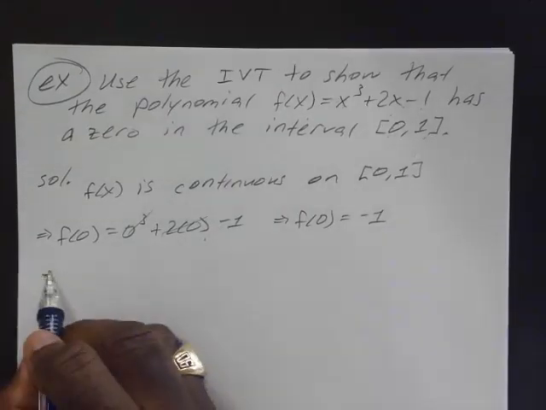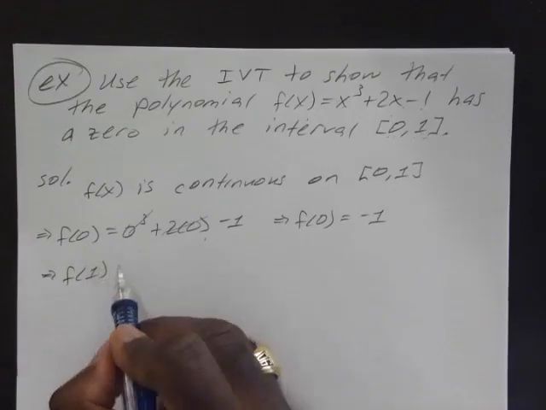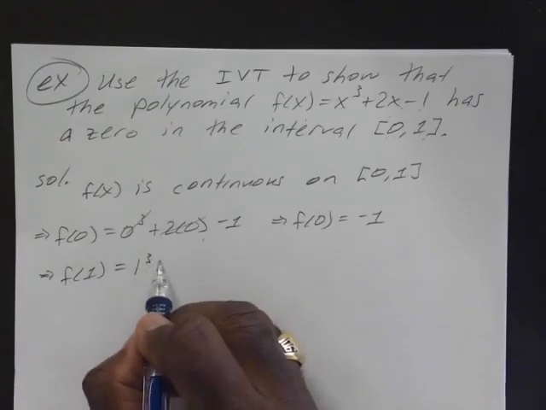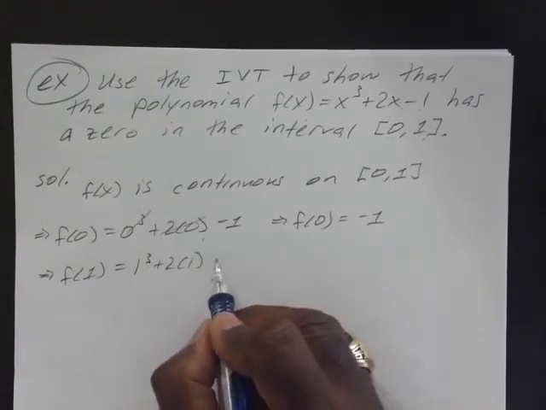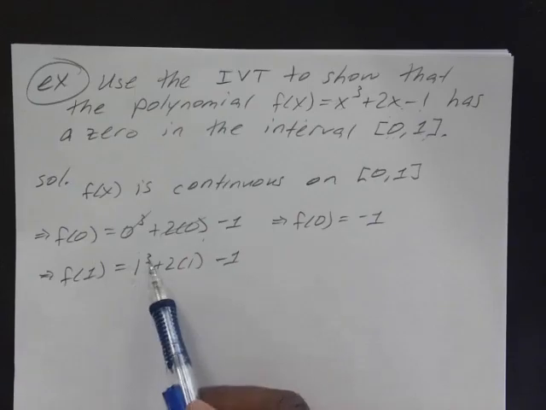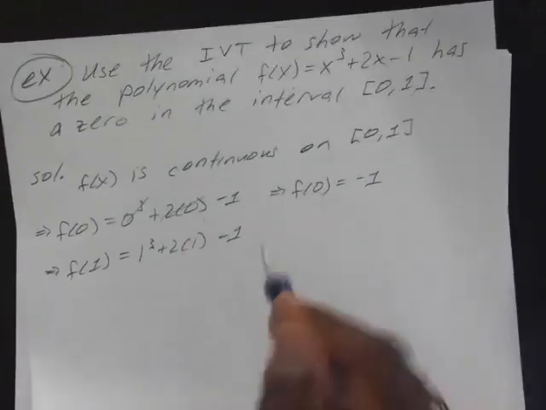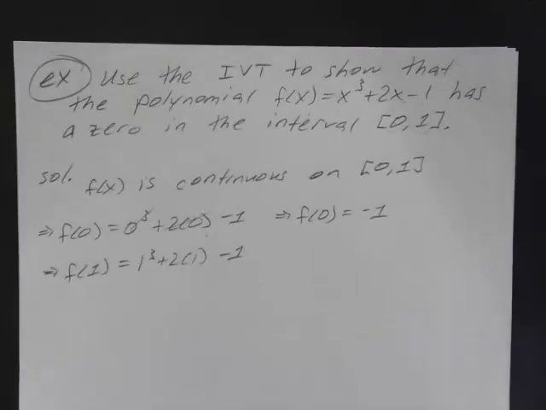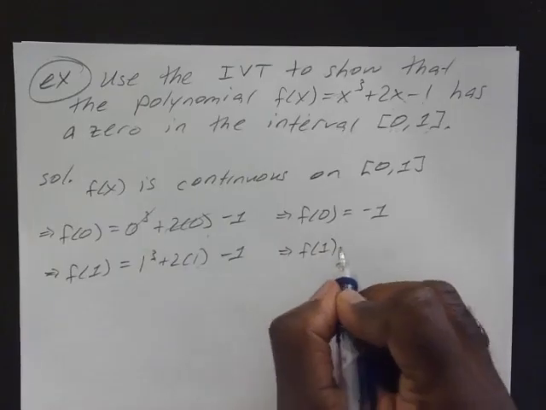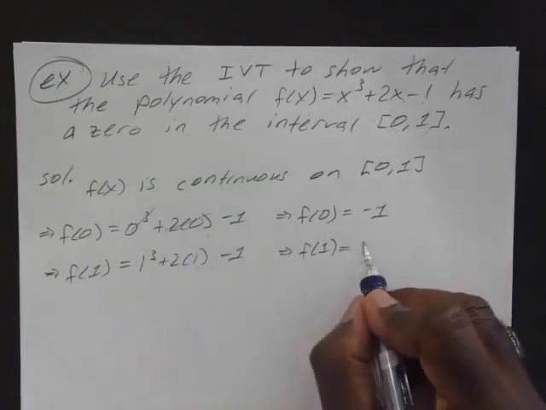And f of 1 is equal to 1 to the third power plus 2 times 1 minus 1. Okay, 1 to the third power is 1, so we have 1 plus 2 minus 1, so 3 minus 1. So f of 1 is equal to 2.